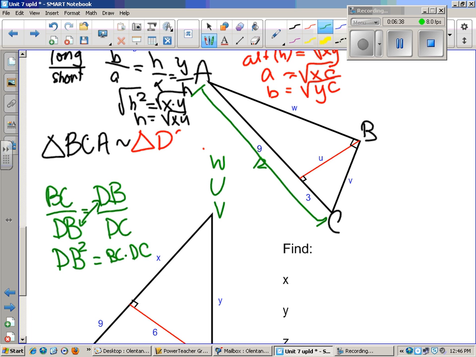Okay? So if that's 12, W is the geometric mean of what two numbers? 9 and 12. So we see where I got those? 9, which is this piece of the hypotenuse, and 12, which is the whole thing. So I do 9 times 12.